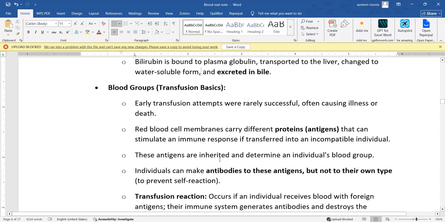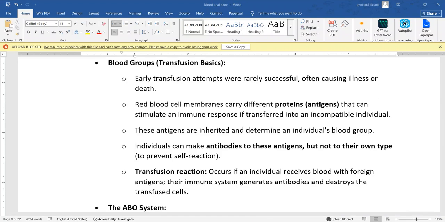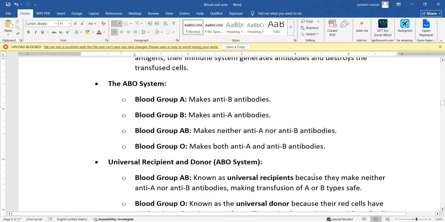So let's go to blood groups. Now, blood groups are just about the antigens and antibodies that your blood contains. Antigens are proteins, and they are more for identification. If we have an antigen, we will always have an antibody against it.